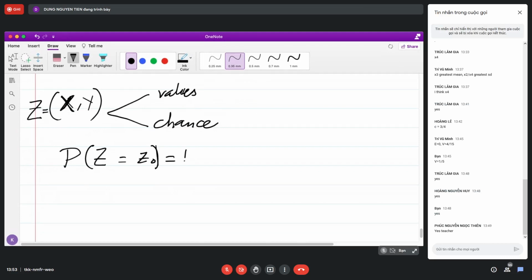And then you can come up with a simpler description, which is the probability that x equals u and y equals v, where z0 is the point (u, v), and the capital Z is the vector (x, y). All right, is there any question so far?